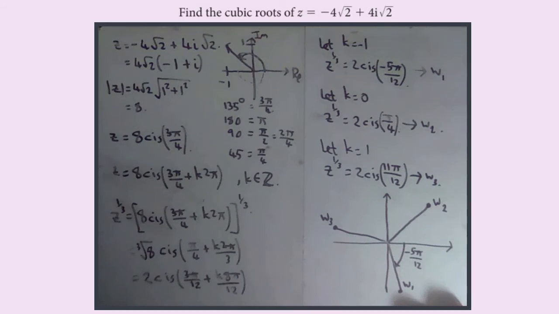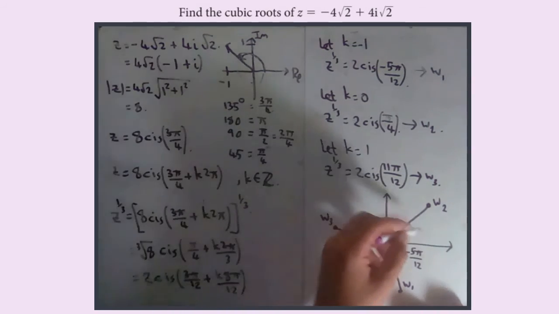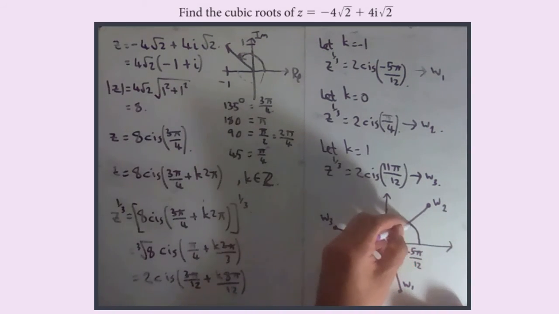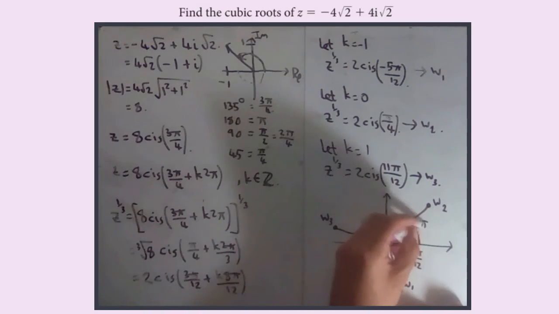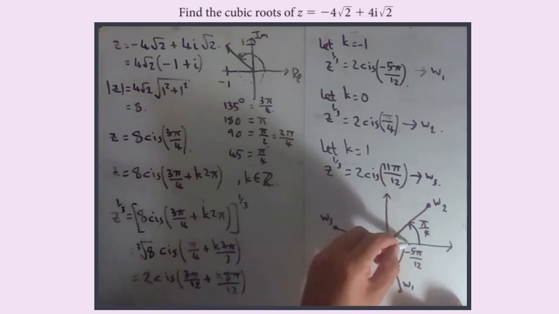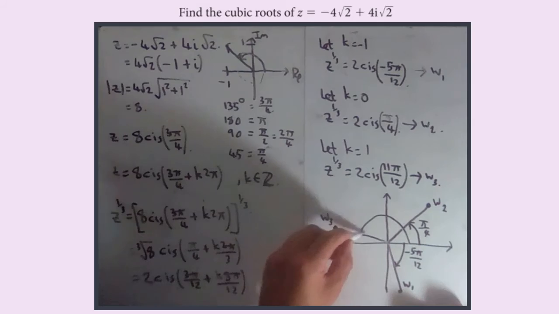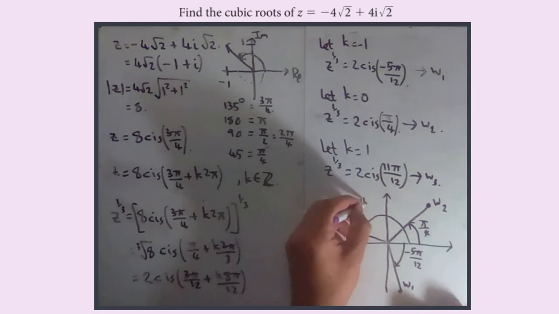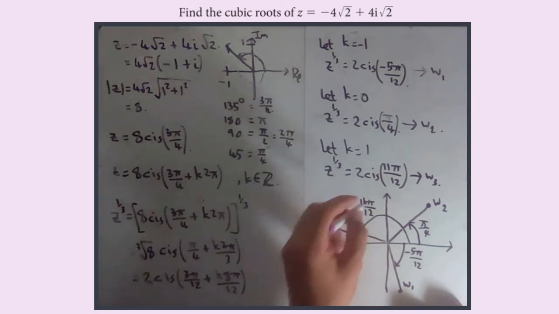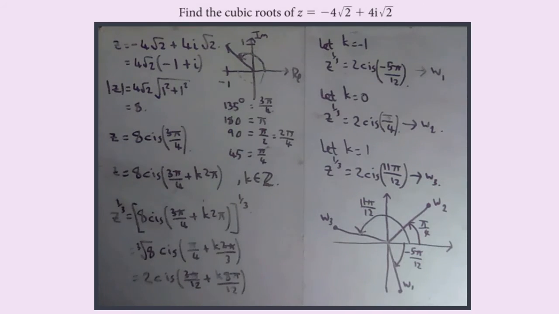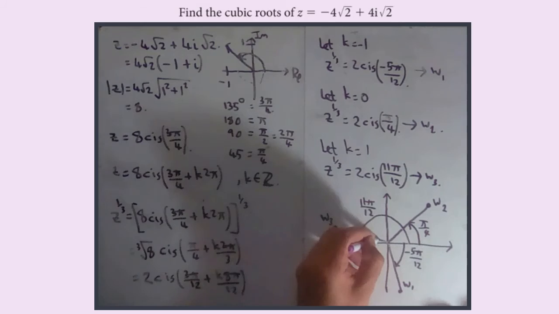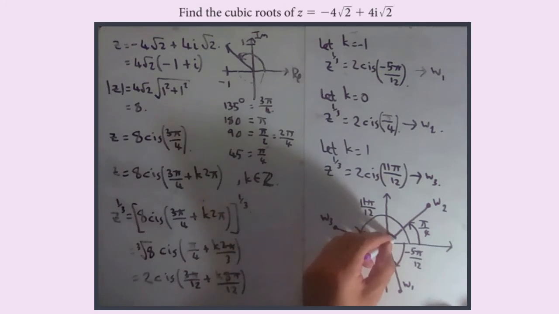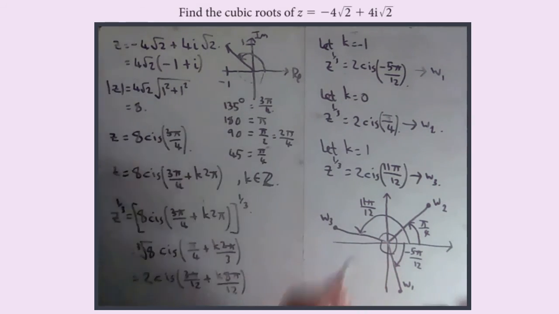So they are the three roots, and you can see, I'll just draw the angles in. So this argument here was pi by 4, and the third one all the way around there was 11 pi by 12. So if you drew these properly, you would see they're nicely spaced out. So these three angles, these angles in here, should split 360, so it should be 120.